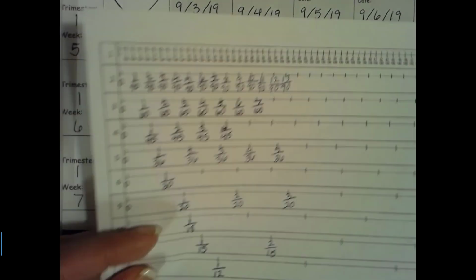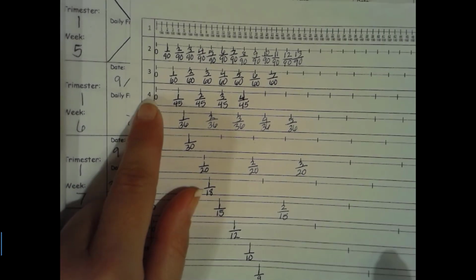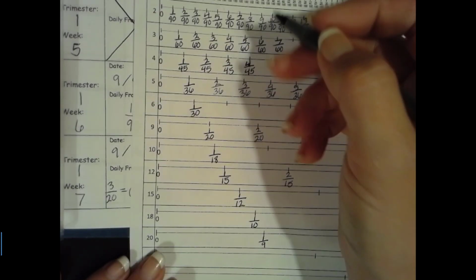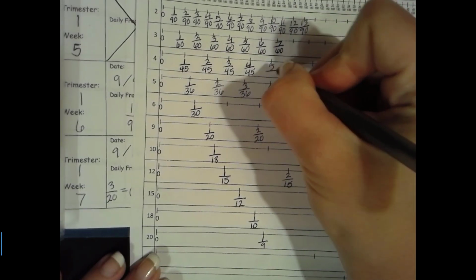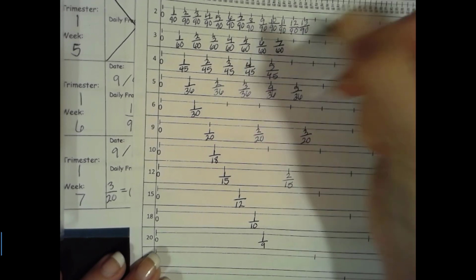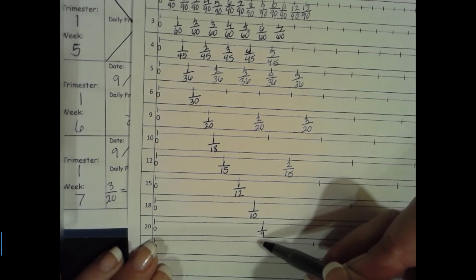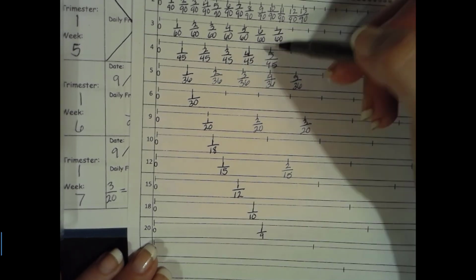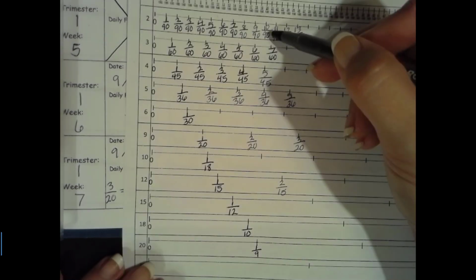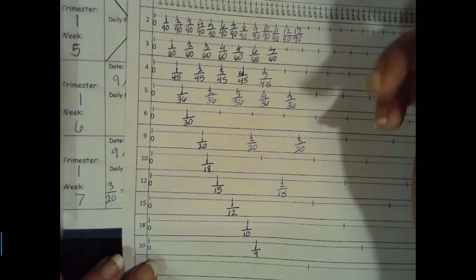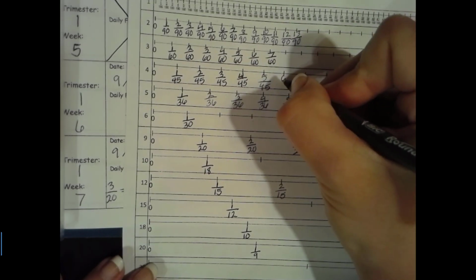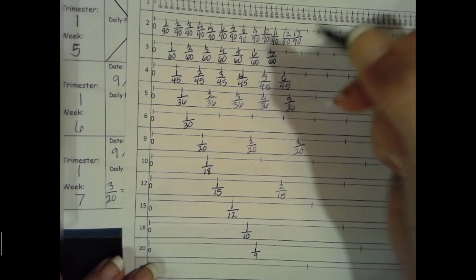We did groups of 4. So here we have 5/45, which is equivalent to 4/36, which is equivalent to 1/9. It's also equivalent to 10/90. We have 6/45.